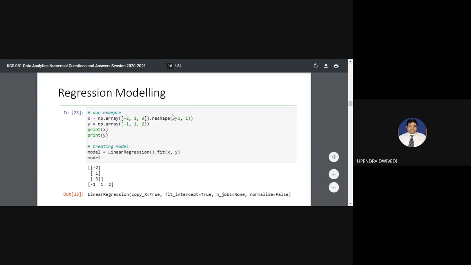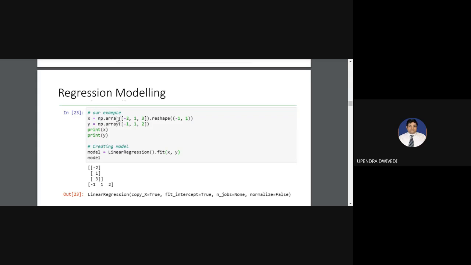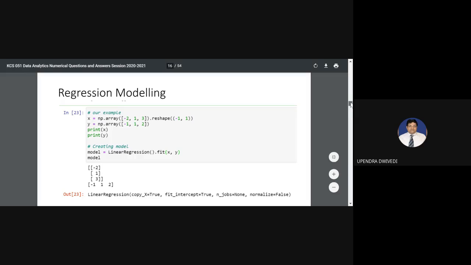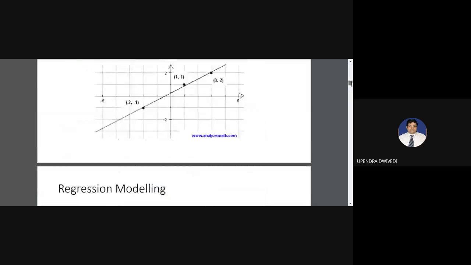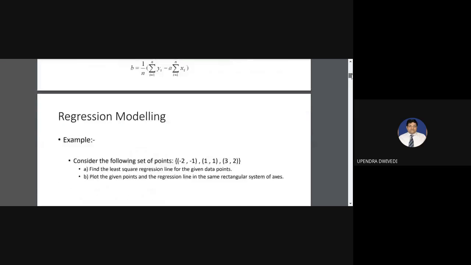Okay, so that was our example of how to draw a regression model in Python. This was the actual example, that is -2, -1, 1, 3, and the second data point was -1, 1, 2. So these are the x values, these are the y values.